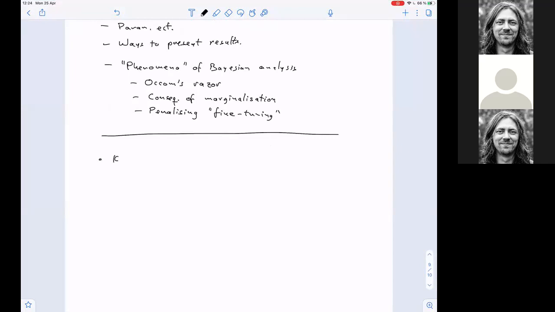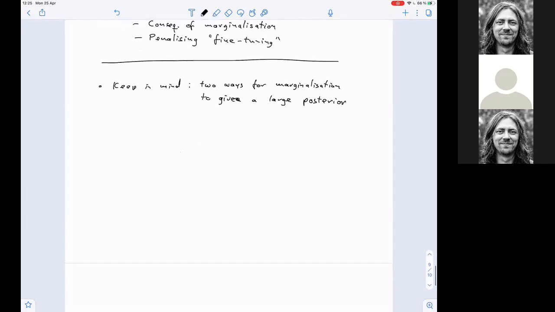So keep in mind, let's say, 2 ways for marginalization to give a large posterior. So let's try to make a drawing of this.